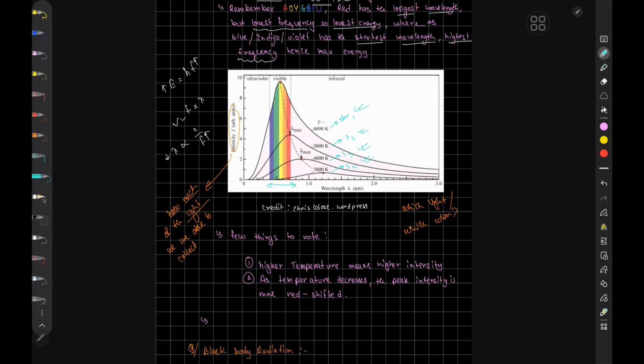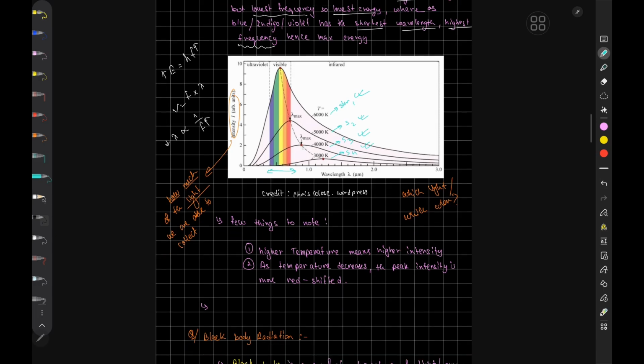So now let's look at the third one. Star 3 has the maximum intensity at a wavelength that is in the infrared range. Now compare star 4: I get max intensity at a far right infrared range, the higher wavelength. So what do we realize over here, guys?